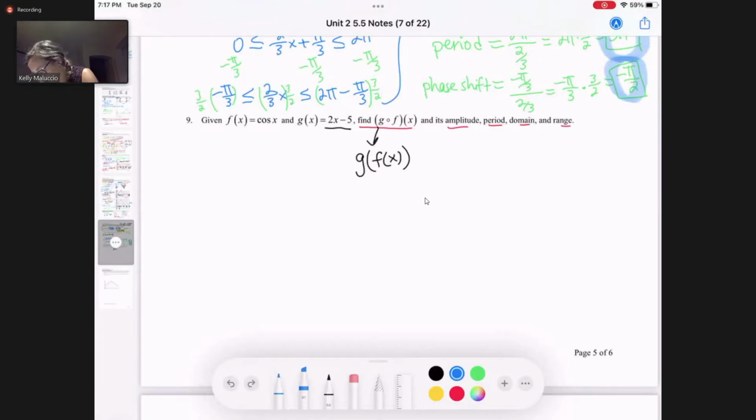We want our f of x to be replaced inside for this x right here. So I'm going to rewrite this. g of f of x is going to equal 2 times cosine x minus 5, because I replaced my f of x in place of the x in my function.